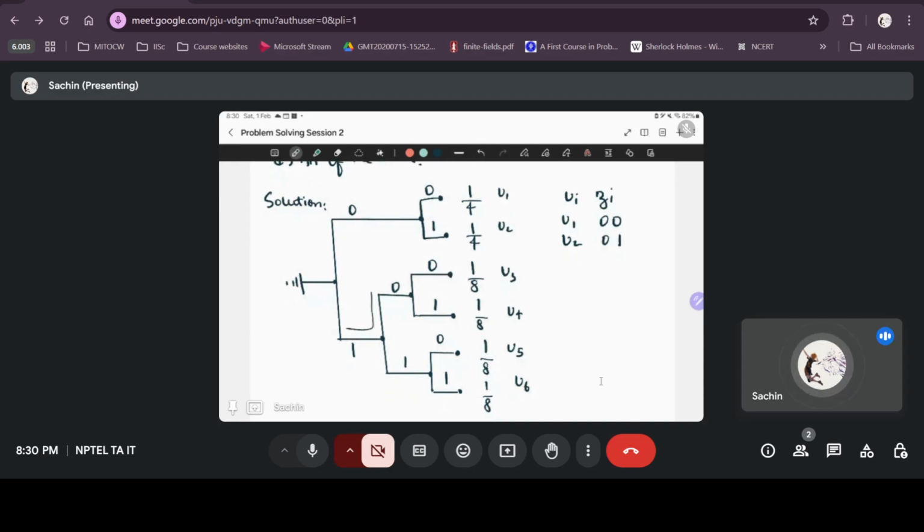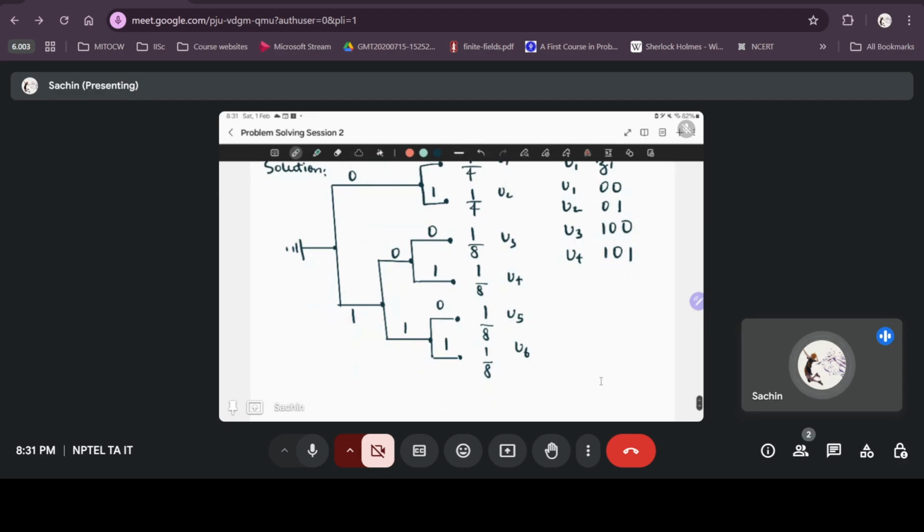Then for U3, 100. U4, 101. Code word for U5 is 110. Code word for U6 is 111.